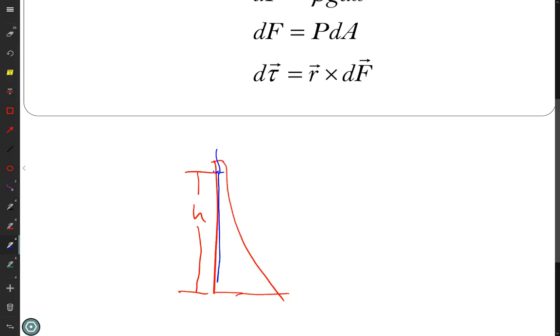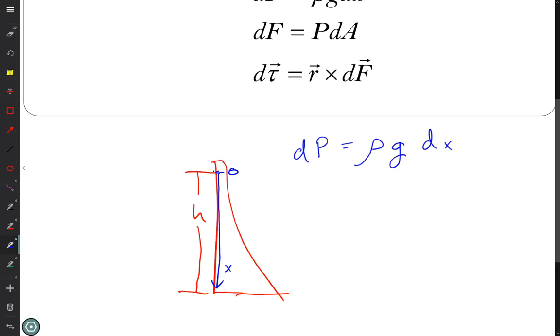So my X is a measurement of depth. So X is going to be positive going down and 0 at the water level of the dam. So I've got to define what my parameter is or I'm going to be in trouble. So now if I want to calculate the pressure, dP is equal to rho g dx.